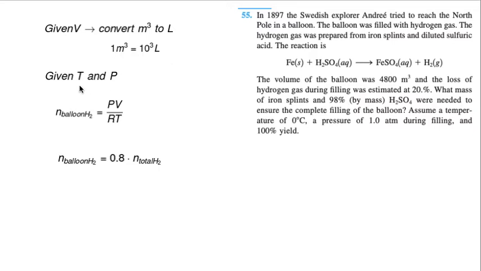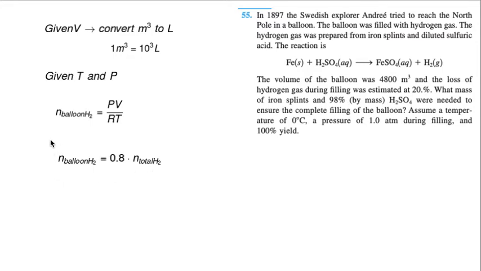We're also given temperature, 0 degrees Celsius, which we need to convert to Kelvin, 273 Kelvin, and pressure, 1 atm. We are also given a very important fact here, which is that the moles in the balloon will be equal to only 80% of the total H2 that was necessary.